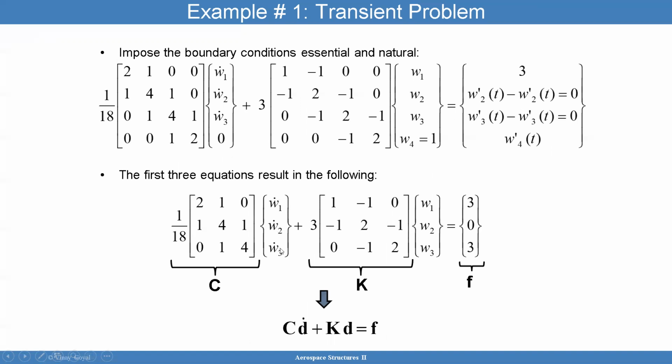W1, W2, W3 are the unknowns. And now what I have to do is a solution to this, which is using finite difference. So if I call this C bold, this K bold, and this F bold, and I put this into d dot, and I put this into d. Now that I have these three equations, I'm ready to solve for W1, W2, W3.